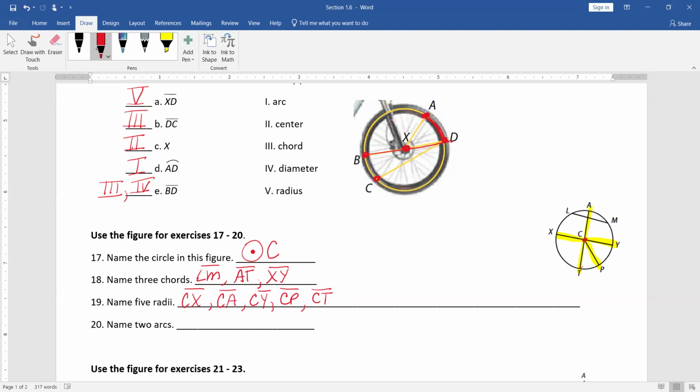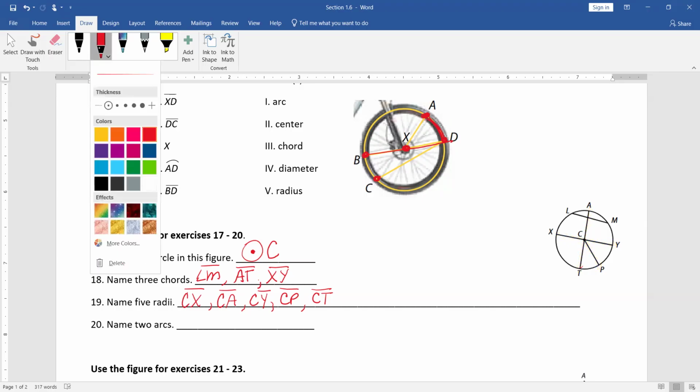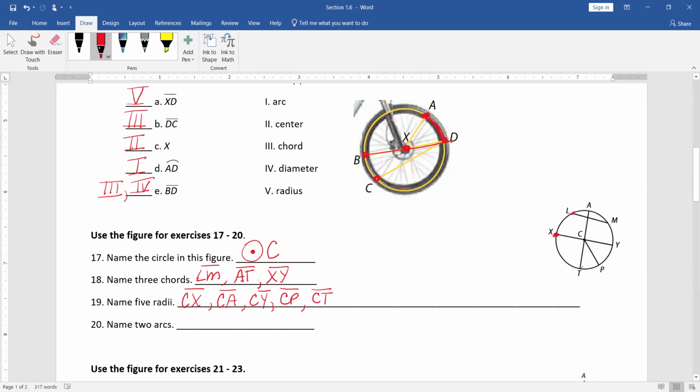All right, and then name 2 arcs. We obviously have many more than just 2, but you could pick any combination of XL, LA, AM, MY, YP, PT, or TX.